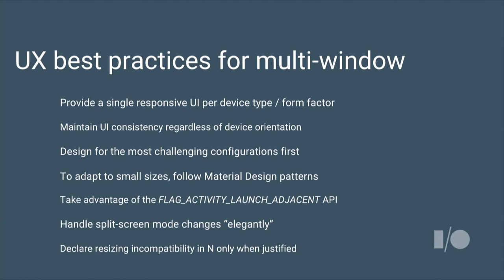And you want to only disable multi-window mode when justified. It would be odd if most apps on a user device go into multi-window mode, and your app is the odd one out, and the user launches it and it launches into full screen mode. And look for various places to take advantage of all the APIs we're exposing for multi-window mode, like the launch bounds API I just described, for appropriate use cases.